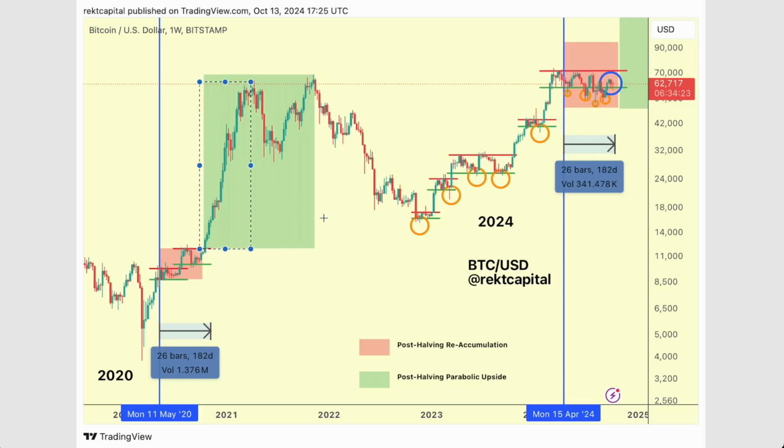Whereas 2016, it took a bit of time to get going, and in 2016, it took 155 days after the halving to break out. It took 163 days after the halving in 2020 to break out.